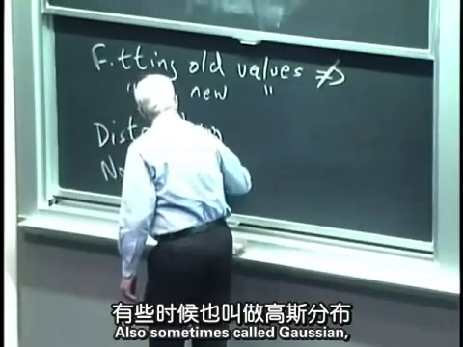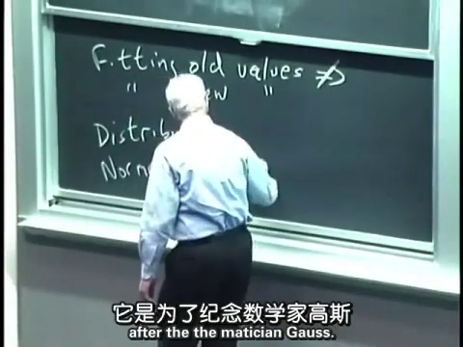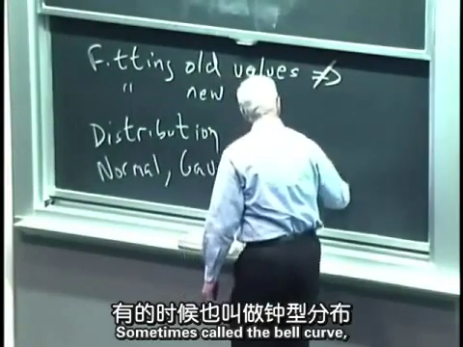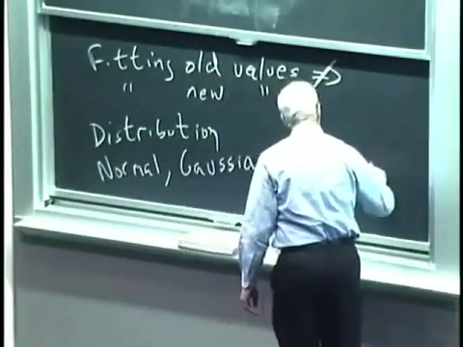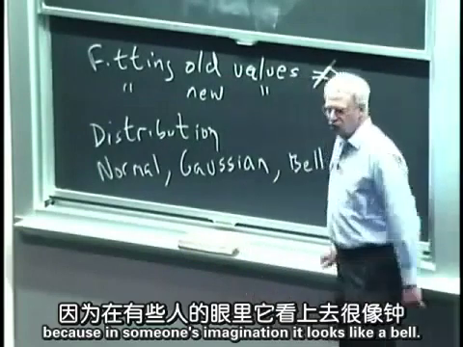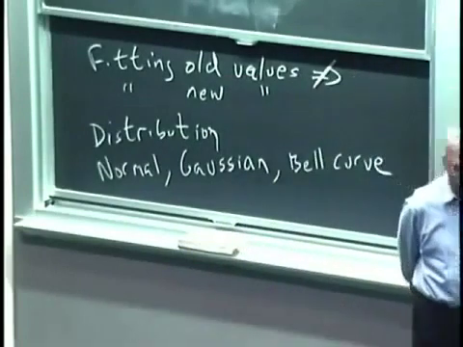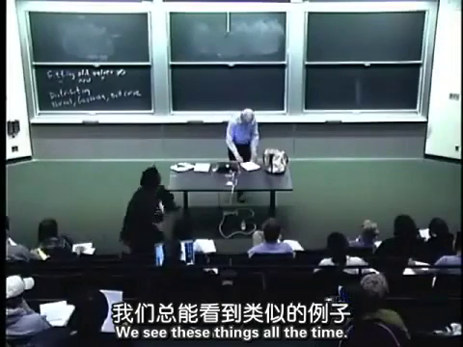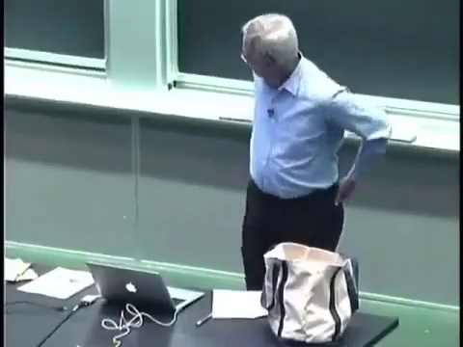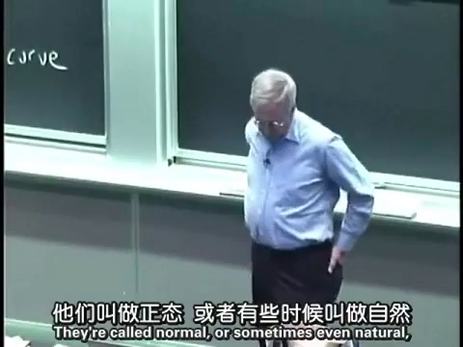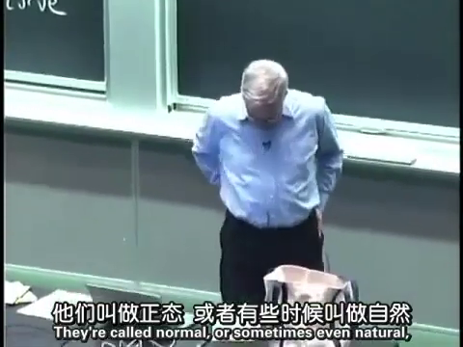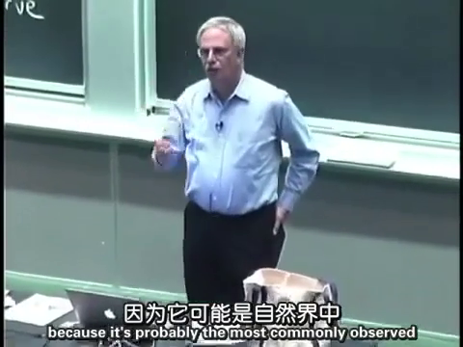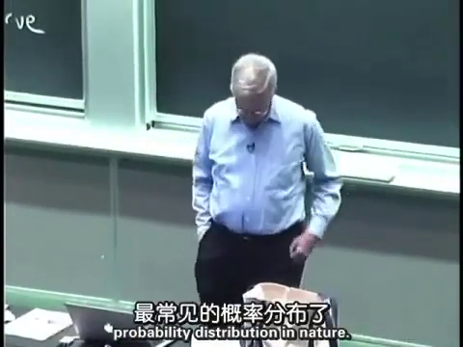Also sometimes called Gaussian, after the mathematician Gauss. Sometimes called the bell curve, because in someone's imagination it looks like a bell. We see these things all the time. They're called normal or sometimes even natural because it's probably the most commonly observed probability distribution in nature.